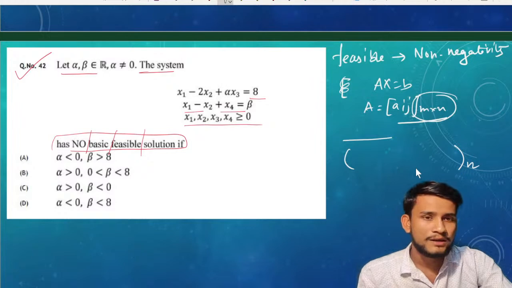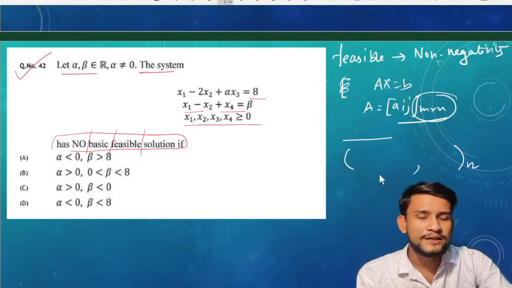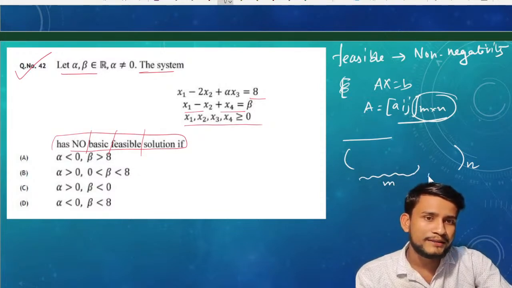And m is the number of equations, with m less than n. So we have to put n minus m variables equal to 0.